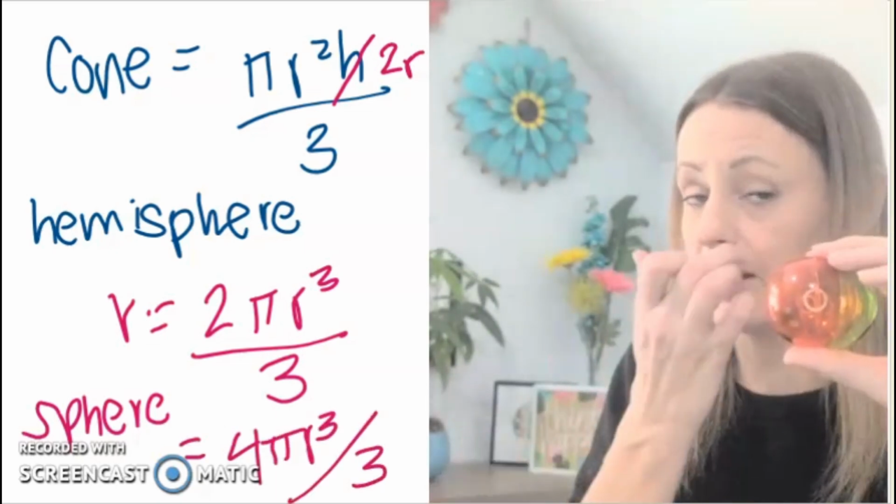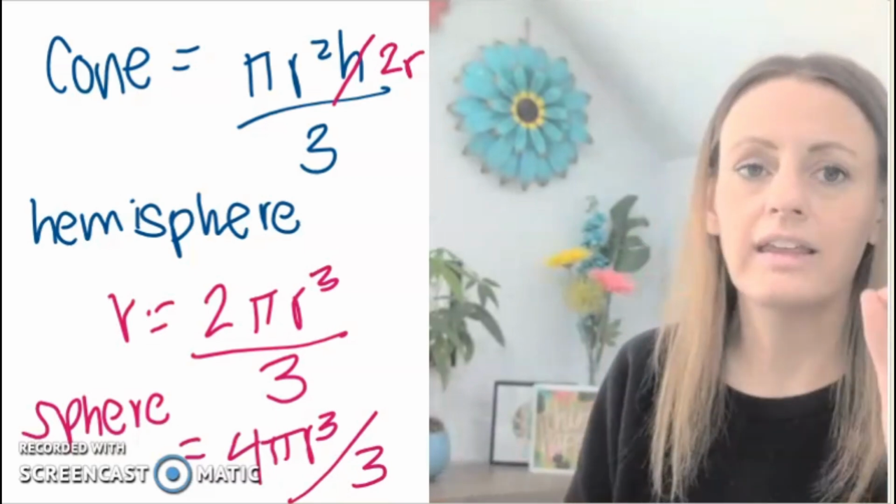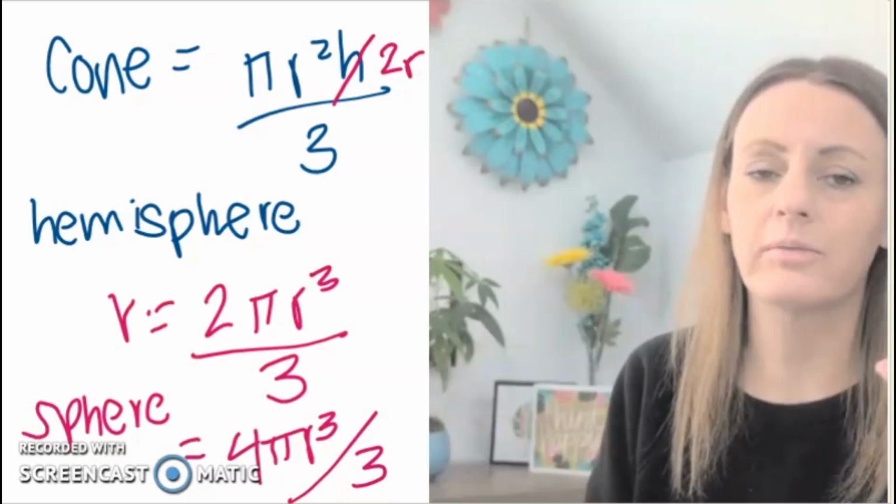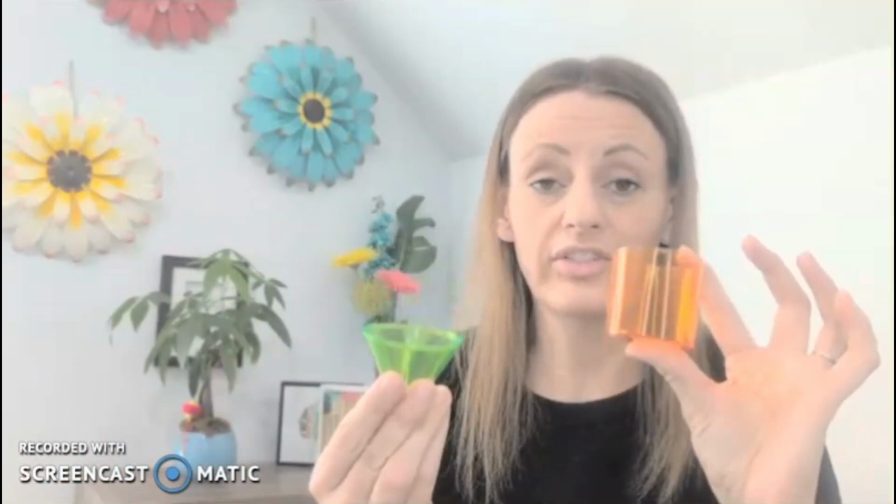And this is the reason why I like doing this. If you can get students to remember to start with the formula for the volume of a prism, the area of the base times the height, they can derive these if they can't memorize them. They can think of the volume of a cylinder as pi r squared times the height. They can remember this activity, that it was 3 of them. So the cone is 1/3 the cylinder.